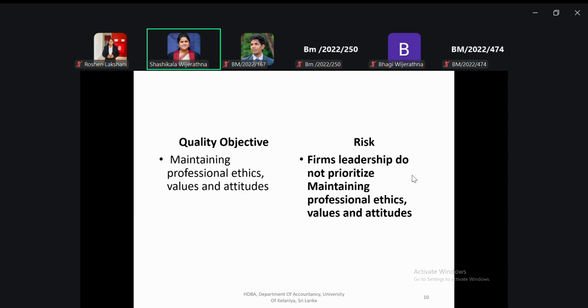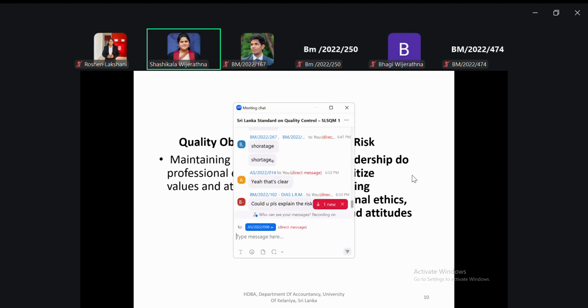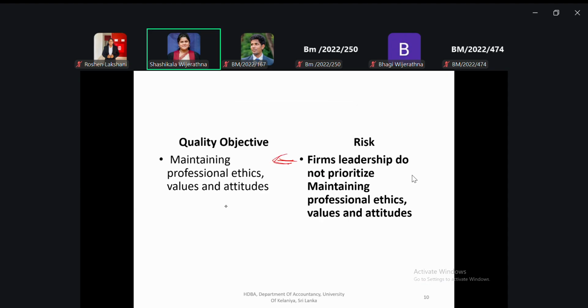So if the firm's leadership itself does not maintain professional ethics, can we achieve this objective? No, we can't actually achieve this particular objective.